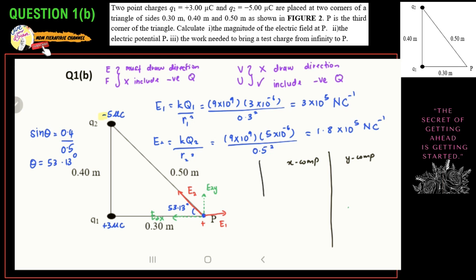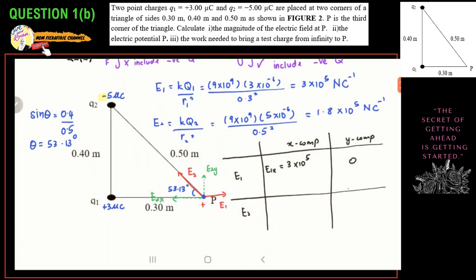We have E1 and E2. The direction of E1 is to the right, only in the x component, so no need to resolve: E1x is 3 times 10 to the 5, which we calculated earlier, and the y component should be 0. But E2 we have to resolve.